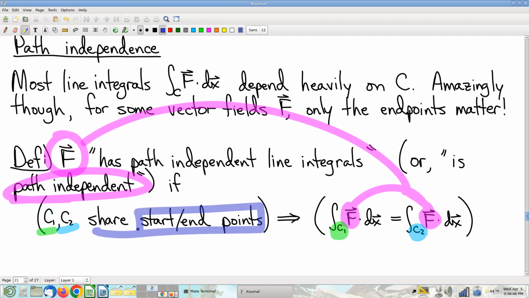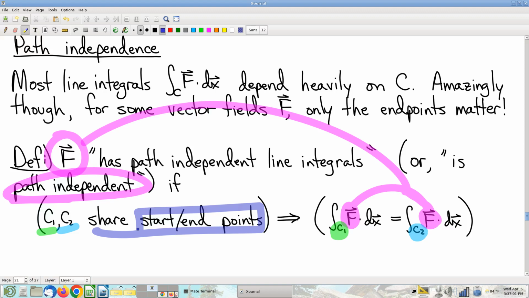They have to start and end at the same point. So when I say the curve doesn't matter, I'm talking about the middle part of the curve, but I cannot emphasize enough that I do need the starting point to be the same for both curves, and I need the ending point to be the same for both curves.